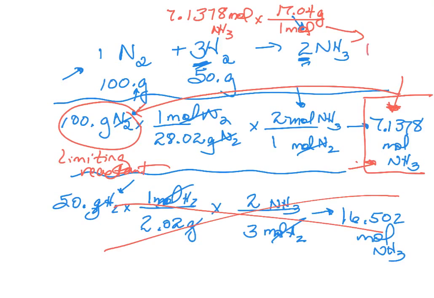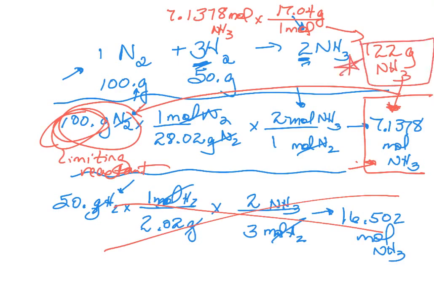Right, so the theoretical yield, and now I'm going to round it to 3 sig figs because that's what I started with. Theoretical yield is 122 grams of NH3 can be made. That's the theoretical yield. Remember, the theoretical yield is the amount that can be made by the limiting reactant.